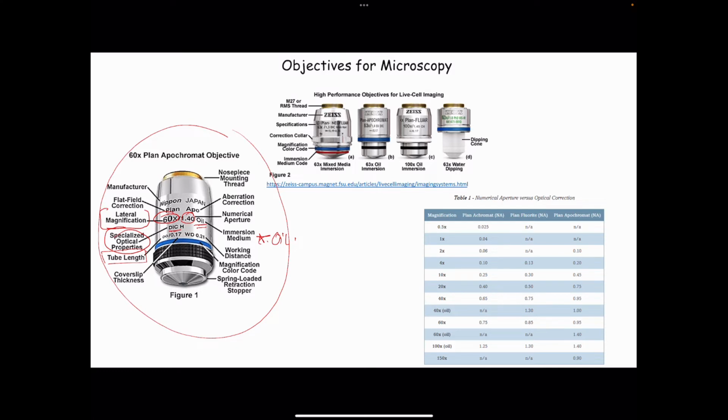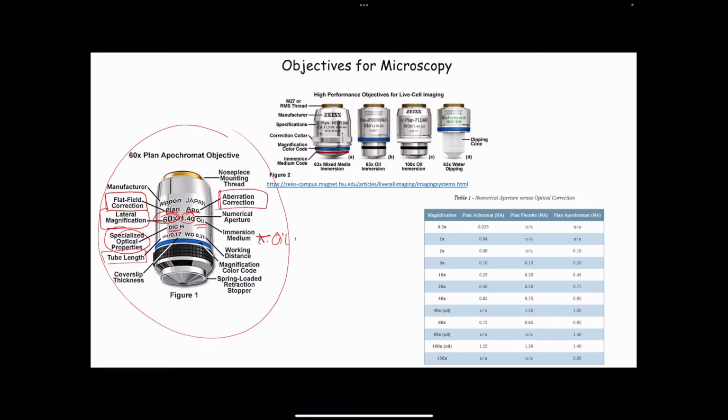I'm going to cover what tube length is and how the different arrangements inside the lens are helpful to correct the aberrations that come up, because here is a marking which is referred to as plan and apo. So basically it's showing that it is corrected for flat field and also corrected for aberrations.